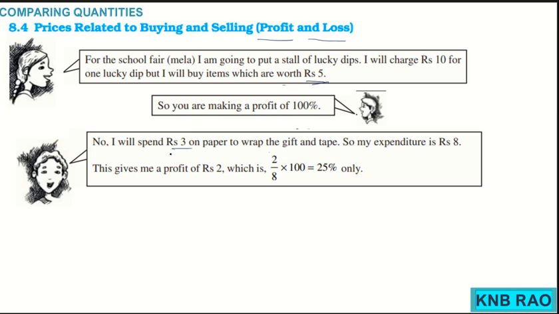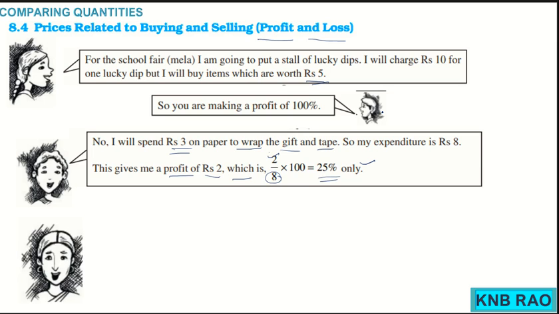Because she has to put money into gift wrapping and tape. Thus, this gives me a profit of rupees 2, which is on 8 rupees, not on 5 rupees, so it is a profit of 25% only.